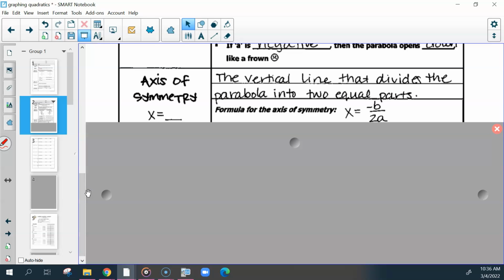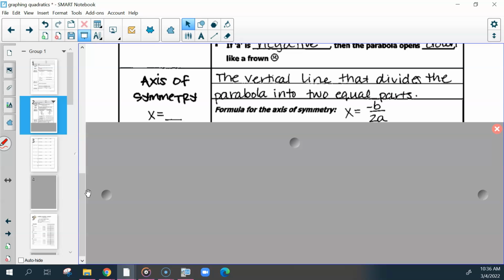Our axis of symmetry is the vertical line that divides the parabola into two equal parts. So as we start to draw this, we'll just be looking for it, and then we'll be able to see where it would split the parabola in half, kind of be a mirror.